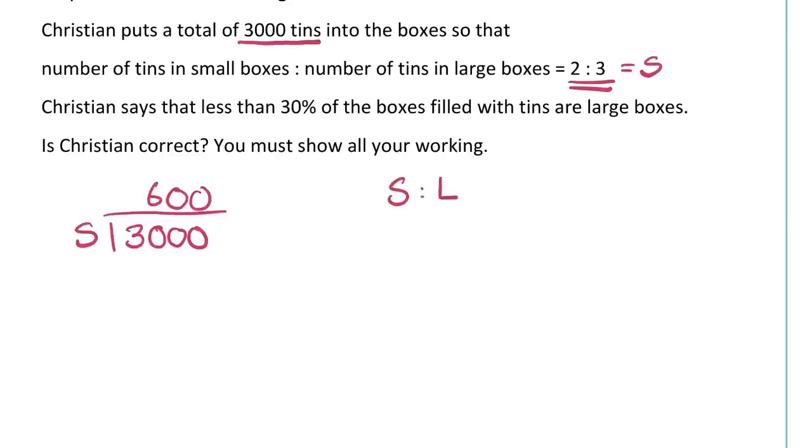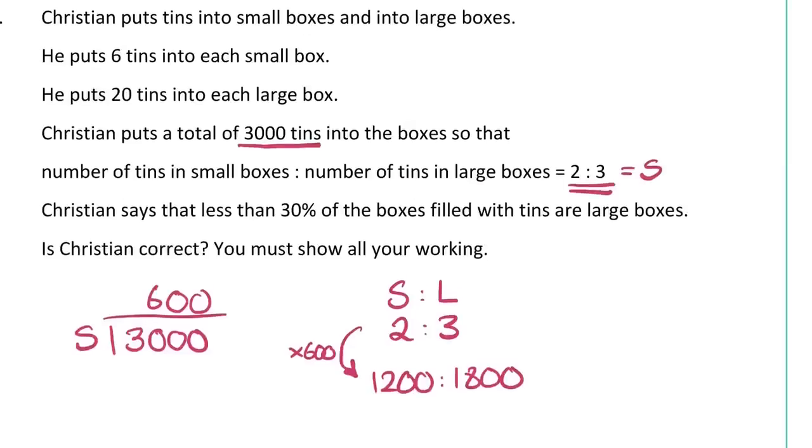So we have small to large, 2 to 3, and we'll times them both by 600. 2 times 600 is 1,200, and 3 times 600 is 1,800. Now it tells us that there are 6 tins in each small box, and there are 20 tins in each large box.